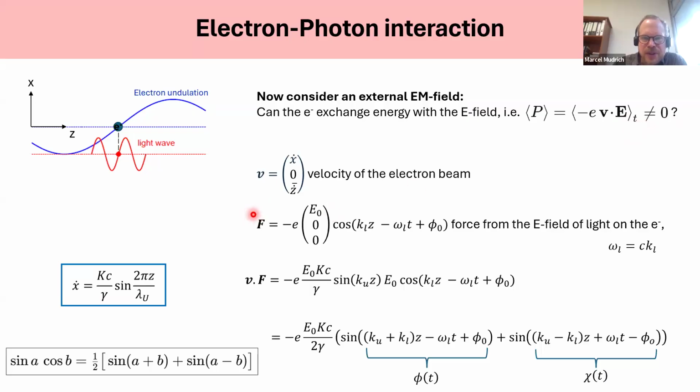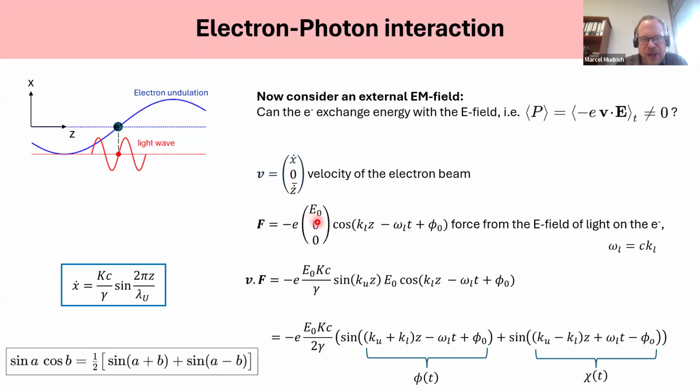To calculate that, we assume, and we know, that the electrons move in the transverse direction to their propagation. So that's the x dot, and they have a mean velocity along z. So that's the velocity vector of the electrons. The electric field travels in the same direction as the electrons, but the polarization, the electric field, points transverse to their propagation direction.